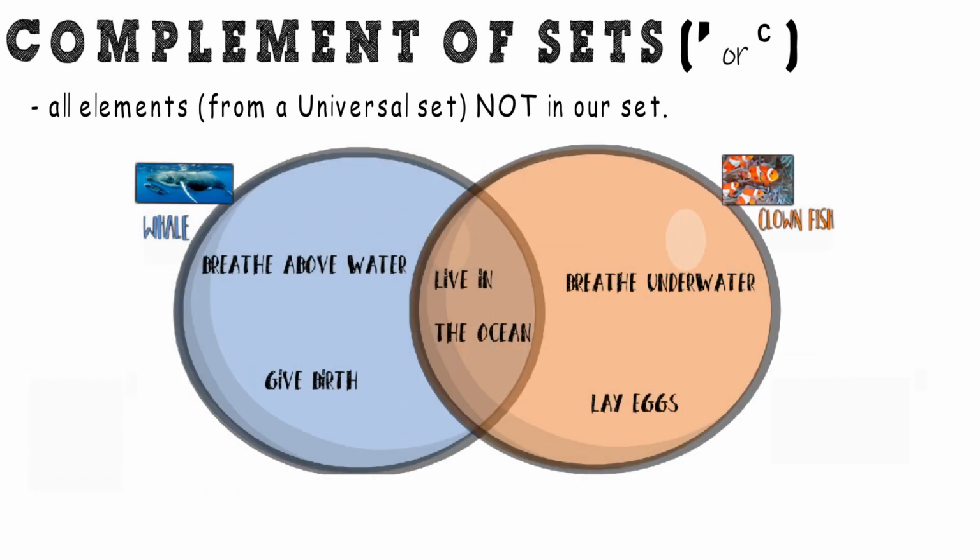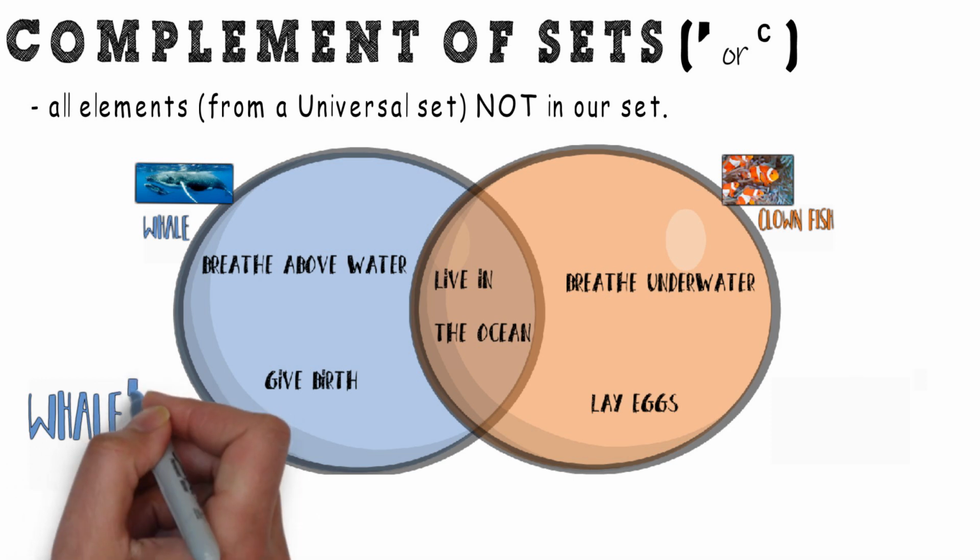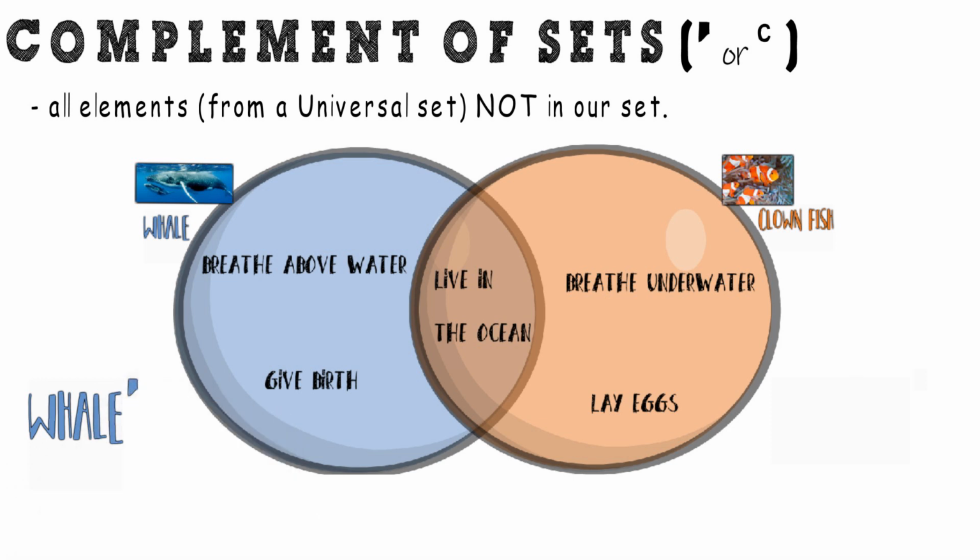And then we are asked about the whale complement. And when we say whale complement, we would just simply look into the elements of the whale. And those that are not elements of the whale is the complement of our set.